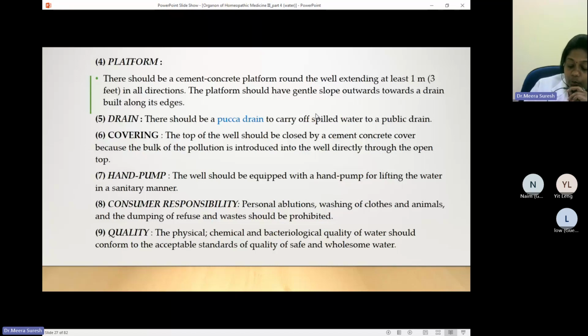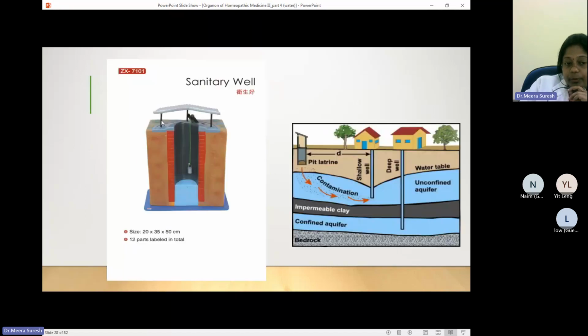So even if there is a slope and no drain over there, what we assume is, when the water is flowing off, it will still be collecting somewhere over here. But if there is a drain kept over there, and that drain is long enough, taking the water to some distance, maybe to nearby vegetation or agricultural land, even the agricultural land will benefit.